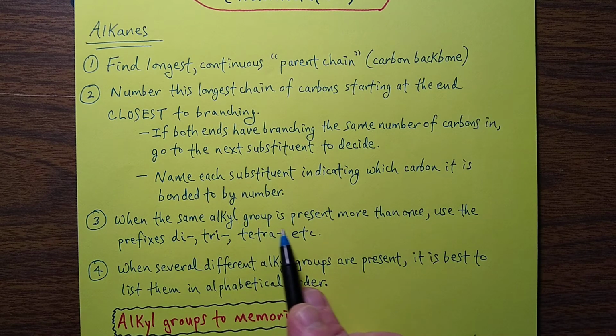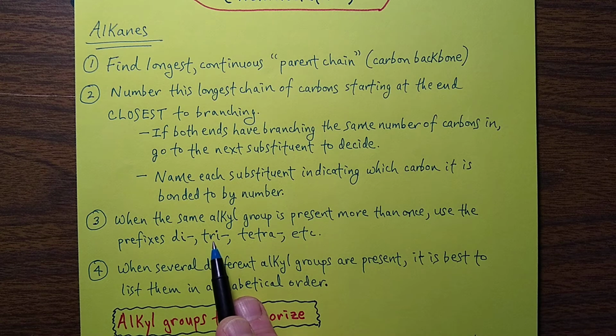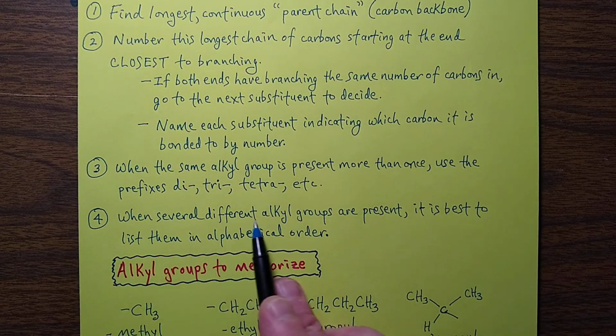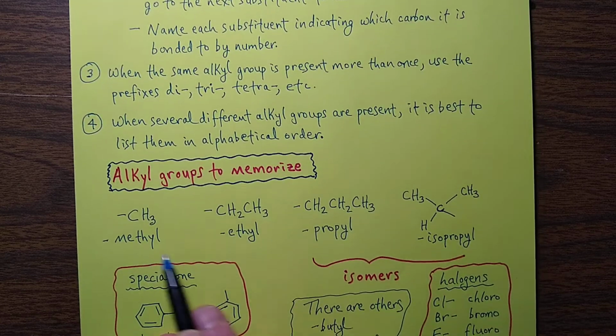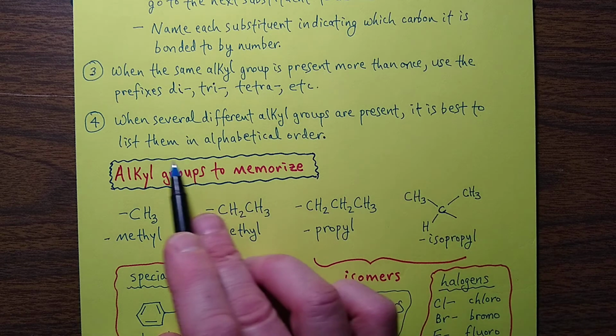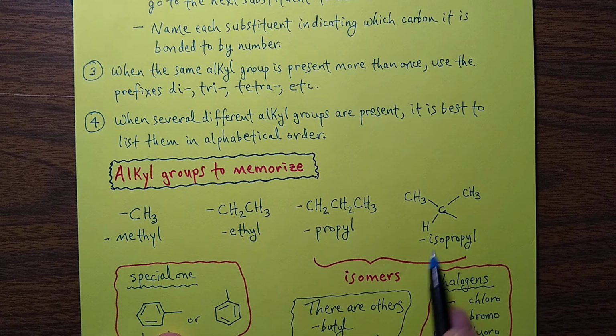When the same alkyl group is present more than once, you use the prefixes di for 2, tri for 3, tetra for 4. When several different alkyl groups are present, there are many molecules that have a mixture of all these in the same molecule. You list them in alphabetical order, so you look at the first letter of the name.